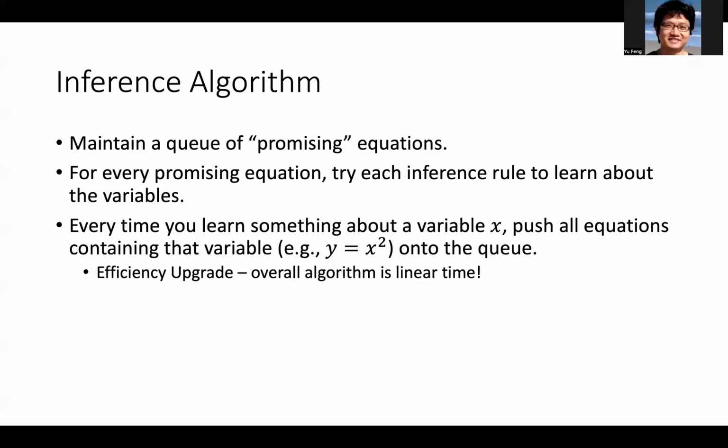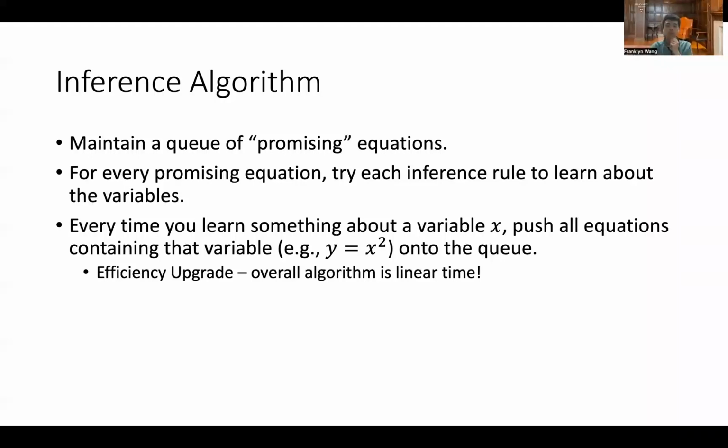No, the number of times you push something onto the queue is still a constant, right? Well, but a constant can be large, right? Sure, the constant can be large, but it doesn't depend on the number of equations. In practice, ours are not large. Okay.